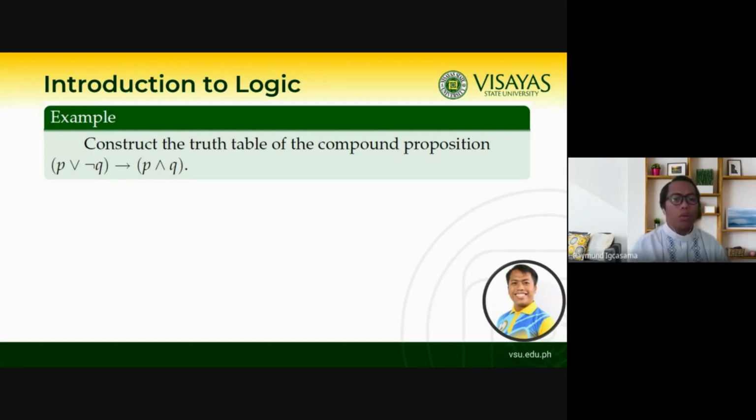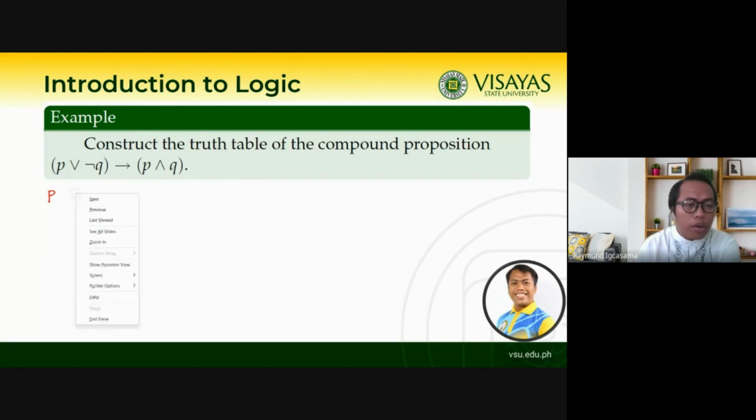Right? So, una, we will try to create a table. No? For this, you have P. Wala man kay not P, so you don't need to provide a column for not P. So you just have to proceed to Q. Okay? Just have to proceed directly to Q.